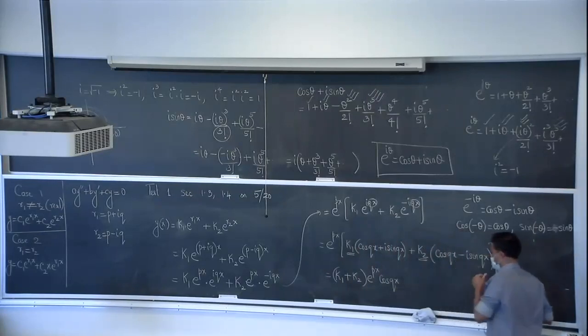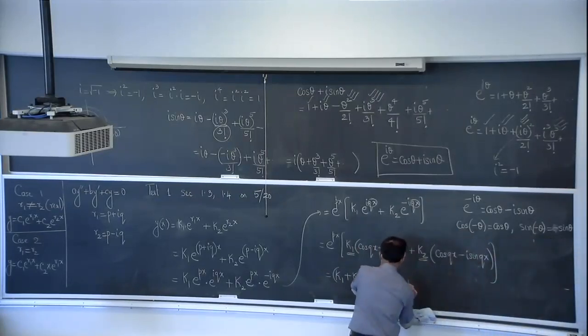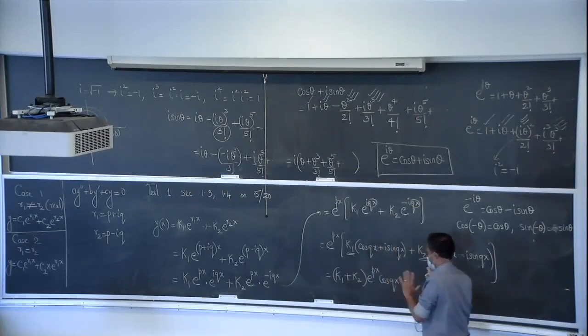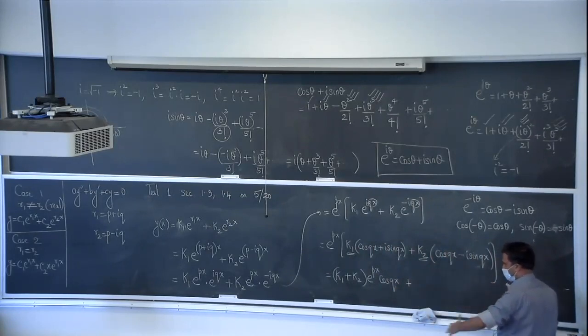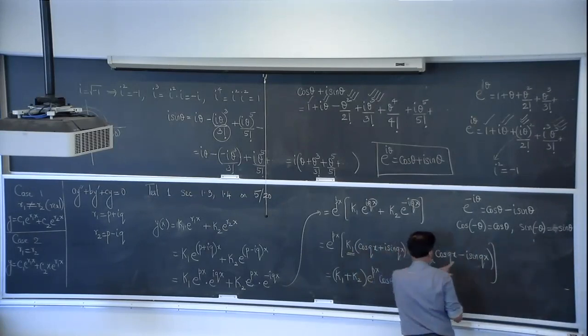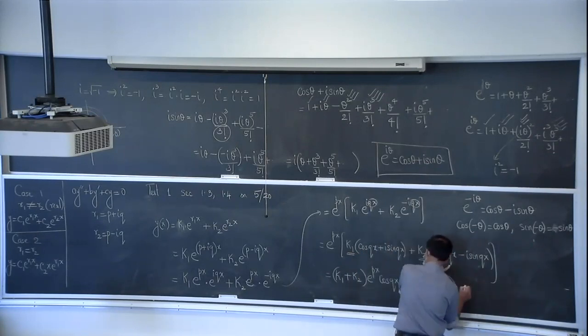So that's my non-i terms, also called the real terms. Plus, the next term is going to be a little bit tricky because it's got this i in it. You need to be kind of cleverly removing that out of the picture at this point. So we have ik1 minus ik2 times e to the power of px sine qx.